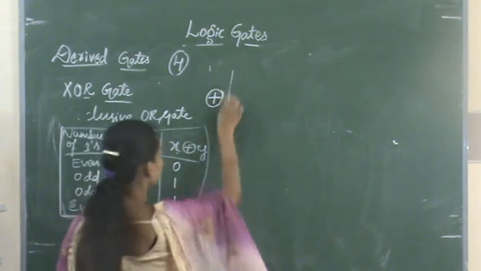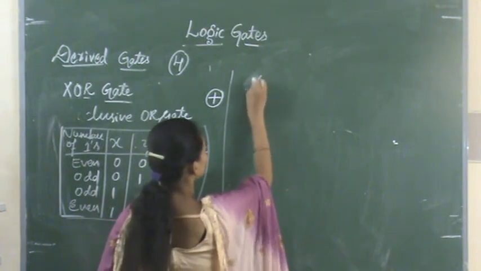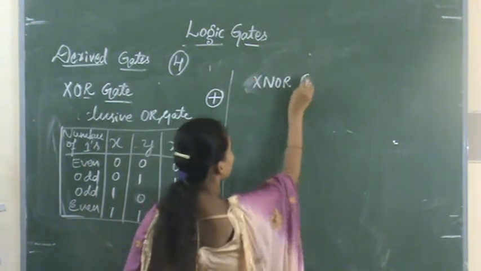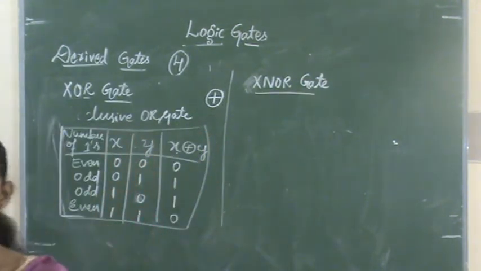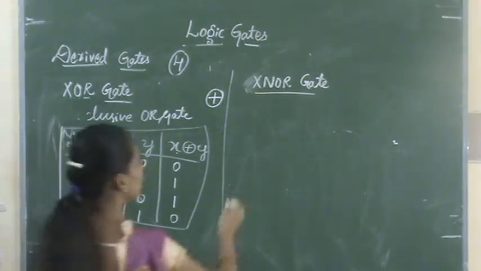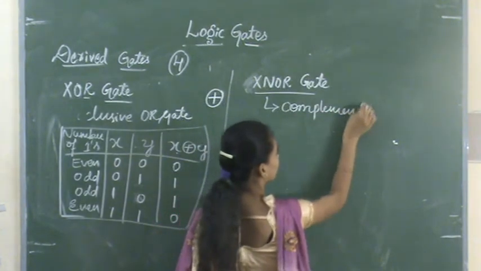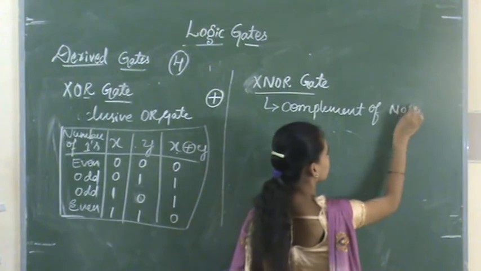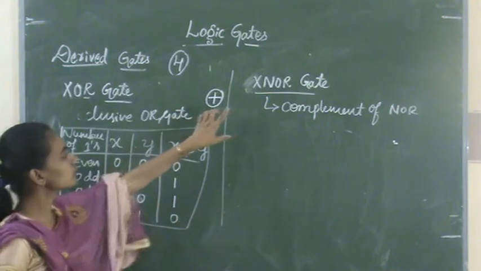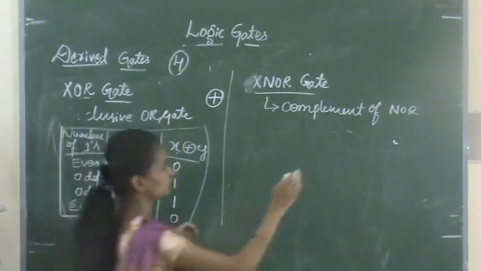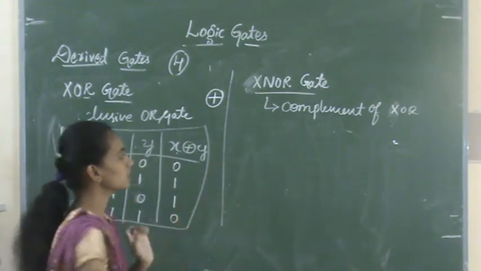So the next one we have is the exclusive NOR, that is the XNOR gate. It works as a complement of the XOR gate. So how does it work?